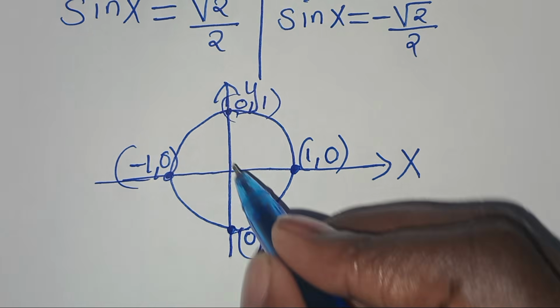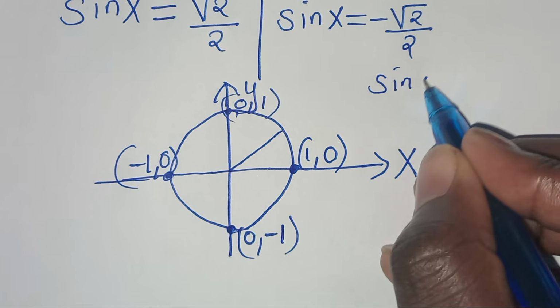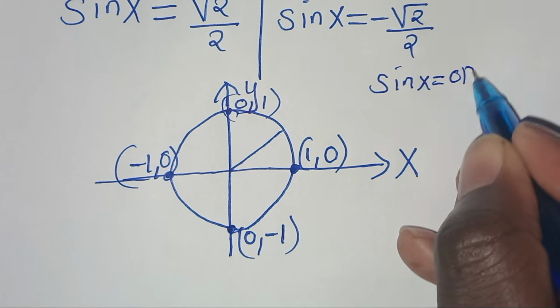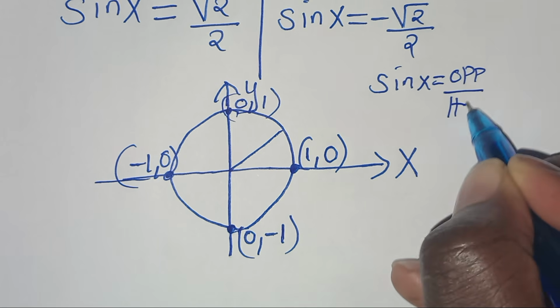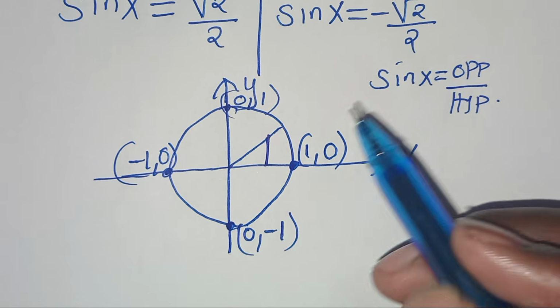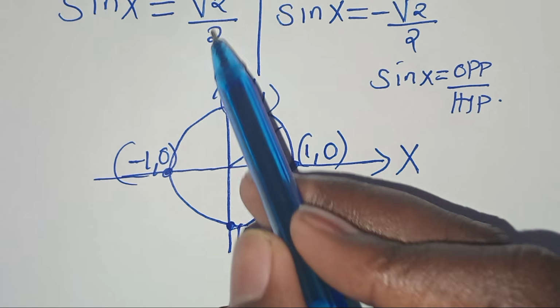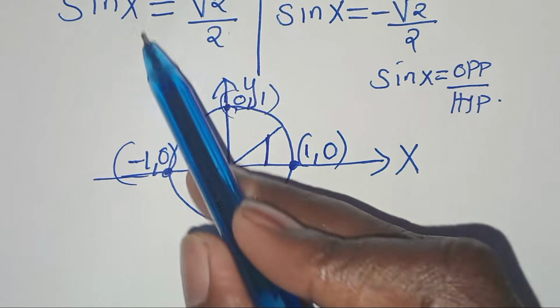Now in this case, sine x is equal to the opposite over hypotenuse. In our case, sine x is square root of 2 over 2. This means these are the positive angles of x.